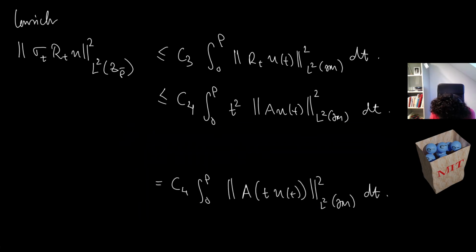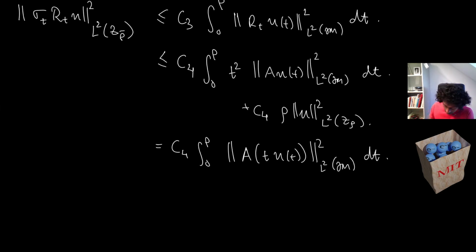So there has to be an additional term here. So this is C4 rho of U squared L2 Z rho, right? So we only have this control on the first term, okay?